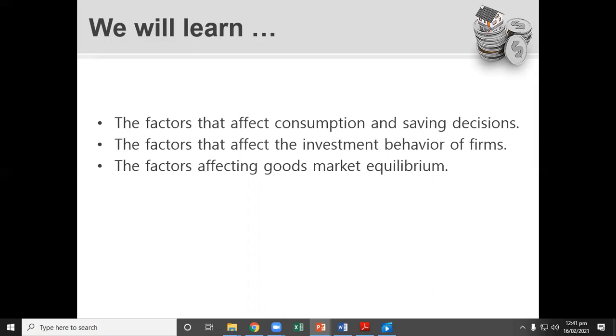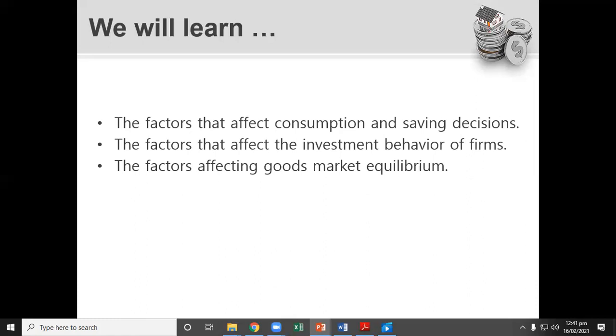Consumption spending by households is by far the largest component of demand for goods and services. From a macroeconomic perspective, we are interested in the aggregate or national level of consumption and saving.